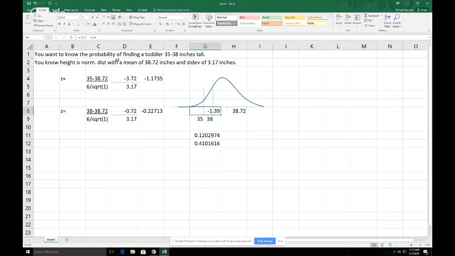Okay, so it's telling me that I've got 41% to the left, and 12% to the left. So how do I find out what's in the middle? I just subtract the bigger number: 41% minus 12% gives almost 29%. So almost 29% of toddlers should be between 35 and 38 inches tall.